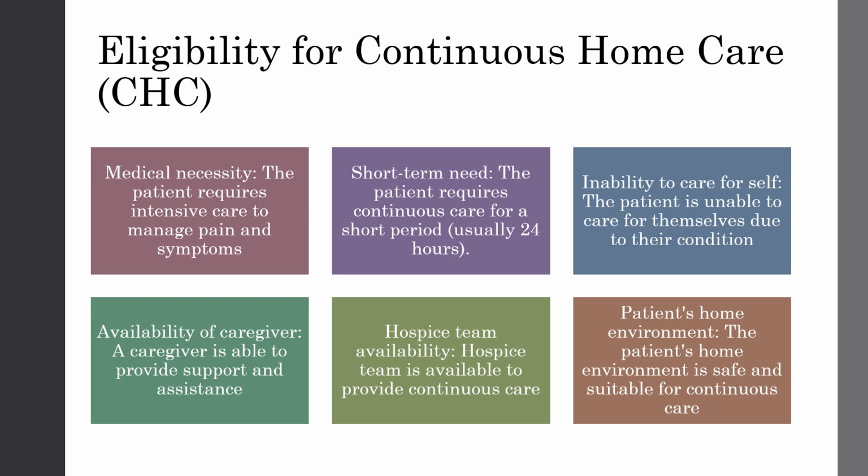Continuous home care does not mean that hospice will be in the home the full 24 hours. It simply means that 8 hours of that care will be provided by skilled nurses provided by the hospice. Skilled nursing can be supported by other disciplines such as social workers, chaplains, or home health aides.